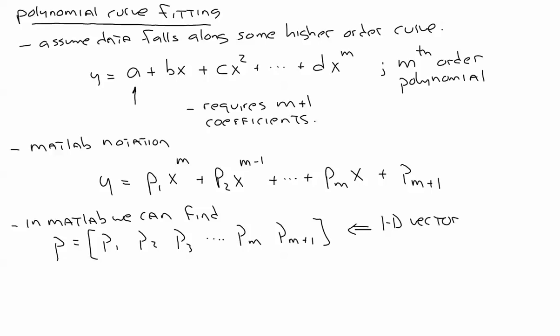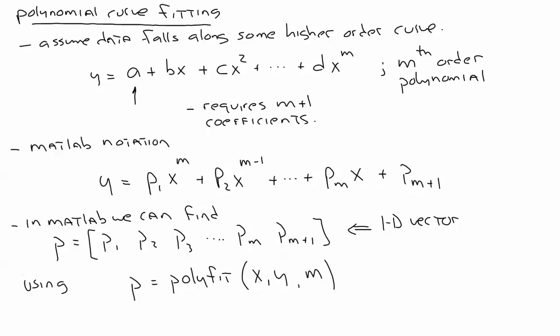We can find that one-dimensional vector using the polyfit function: P equals polyfit(x, y, m).